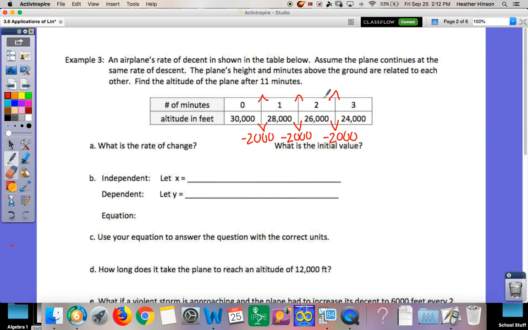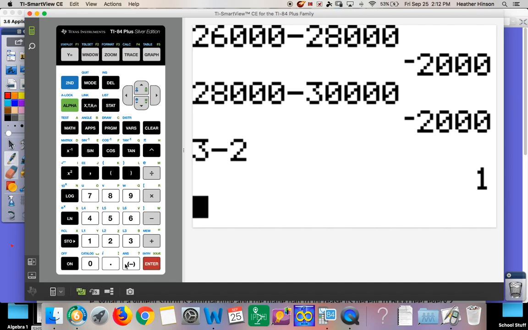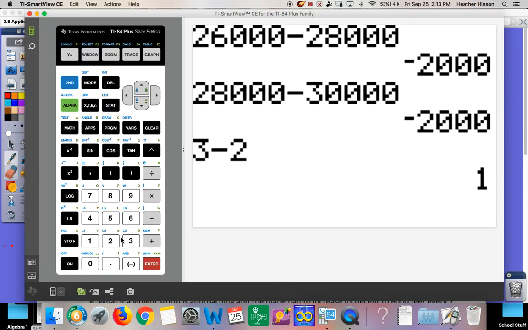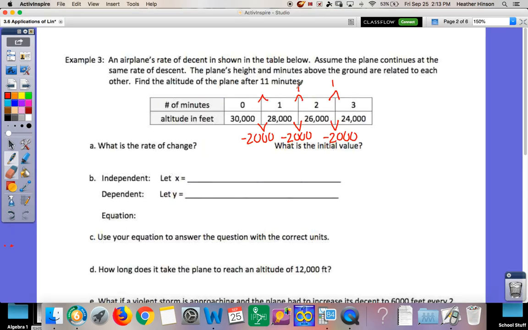Do the same thing to the top. 3 minus 2 is 1. Middle one, 2 minus 1 is 1. And the last one, 1 minus 0, is also 1.